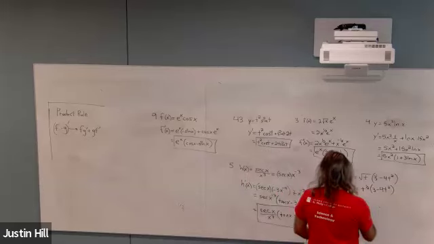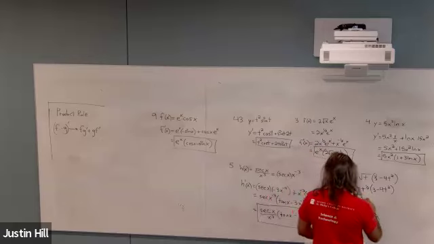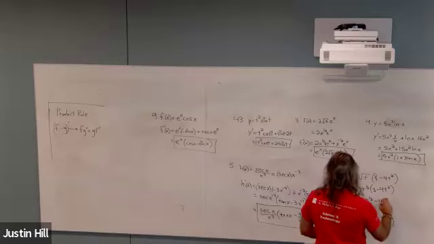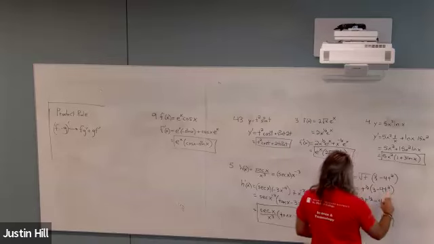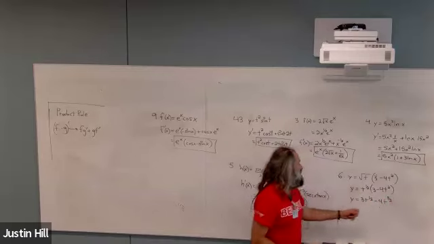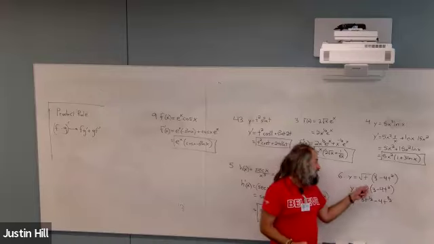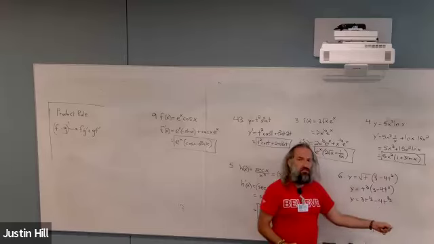If I multiply t to the 1/2 through, that's going to be 3t to the 1/2 minus 4t to the 5/2. Now I want to take the derivative of this. This is just two power functions subtracted, so I can take the derivative of each individually.